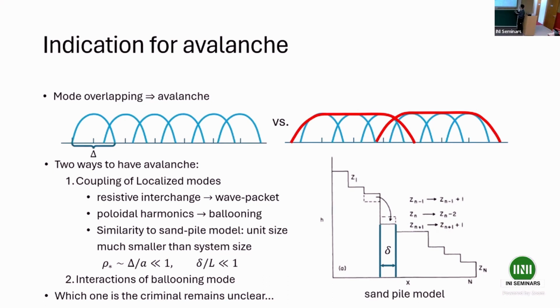So you have these several steps. We can have maybe two or three steps to achieve the avalanche. So here we have two ways to have avalanche, but due to the lack of analysis, which one is the criminal still remains unclear.